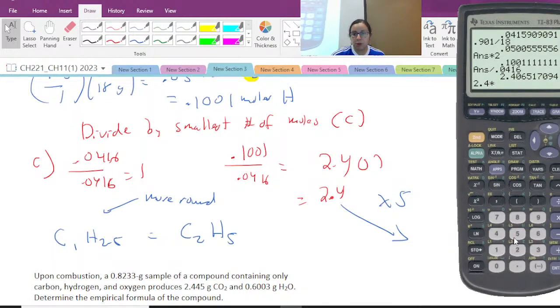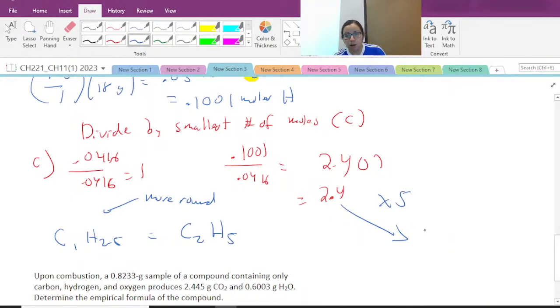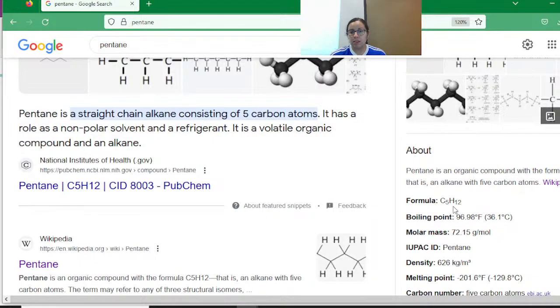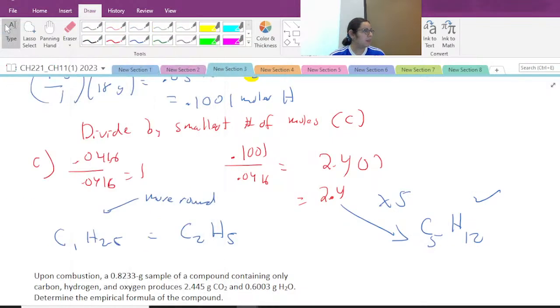And so 2.4 times 5, that's 12. And so our better answer is C5H12, so that's a good answer. And this also matches with the formula of pentane, so that's probably also a good sign. So I'm just showing pentane, so C5H12.